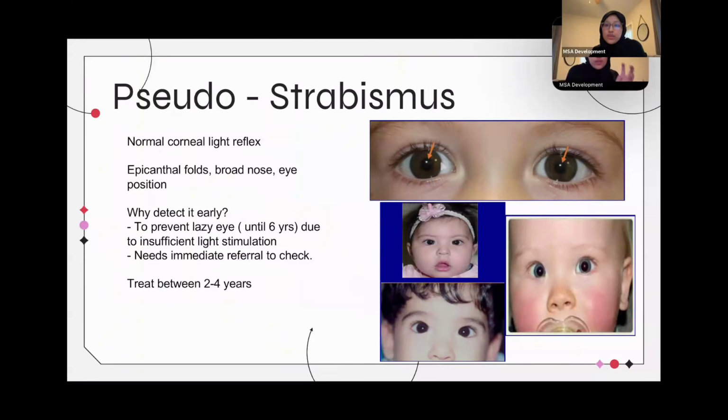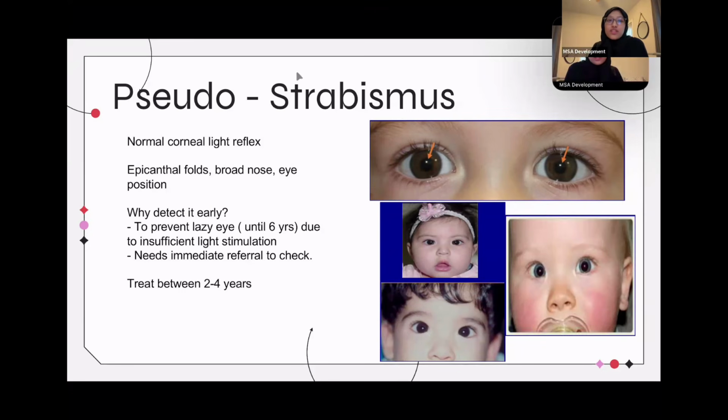Pseudostrabismus is fake strabismus. So what that means is look at the corneal light reflex. She will emphasize on this so much, and for good reason. So if you suspect someone like this has strabismus, you might not be able to tell, right? Shine a light, and if that light falls on both pupils exactly, then this is not strabismus.